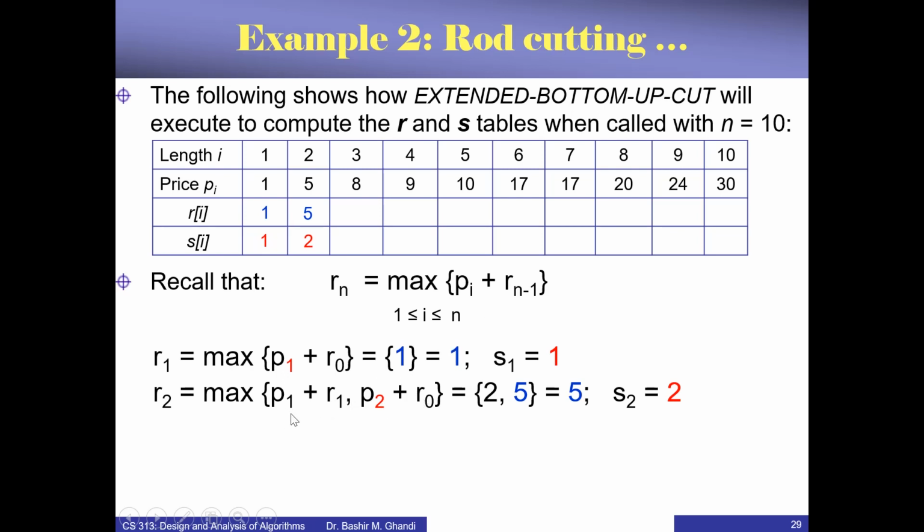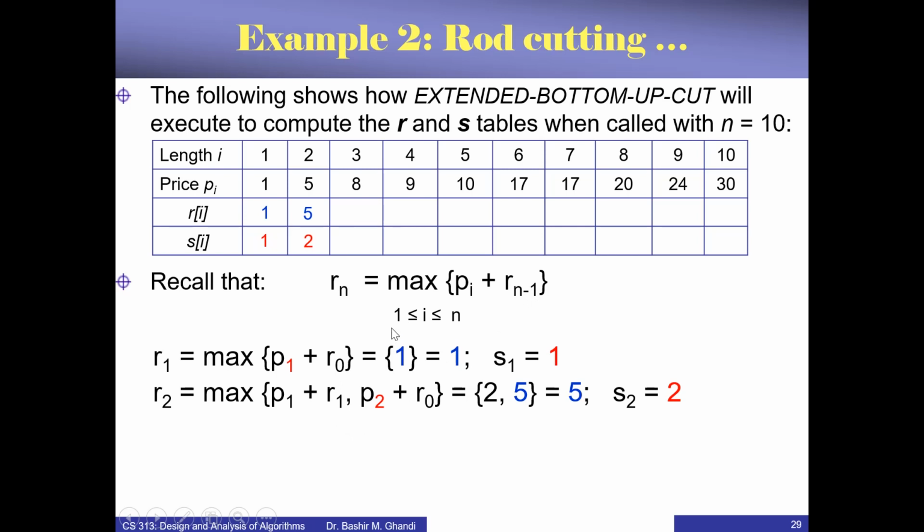So P will vary from 1 to 2, because we are looking at 2 as our n. But R will be decreasing by 1 each time, because it's n minus i.